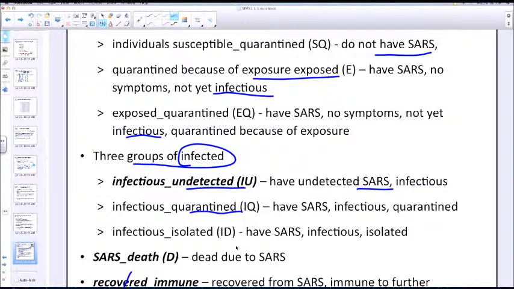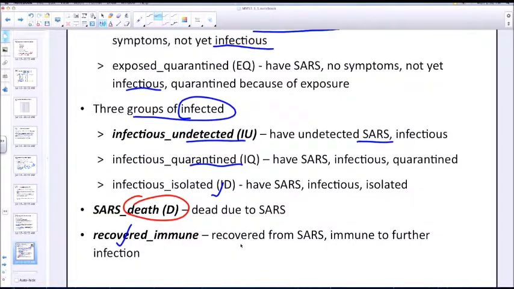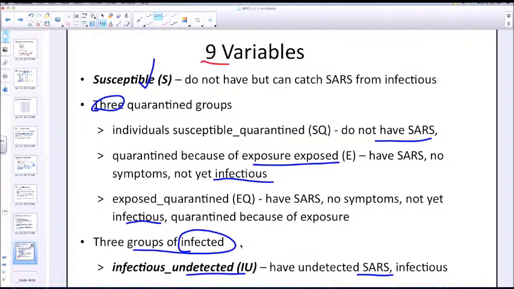And the third part, they are infectious, but in the isolated community, they are not traveling, so they're not going to hurt other people. The last one, which is the new one, you need to introduce the death due to the SARS. So after you add all the groups, we can count, we totally have 9 variables instead of 3.